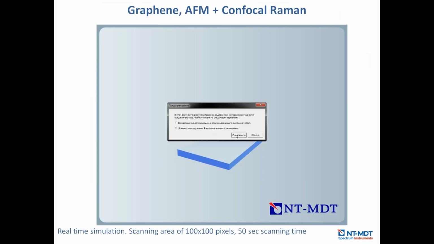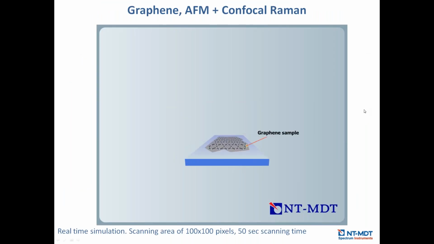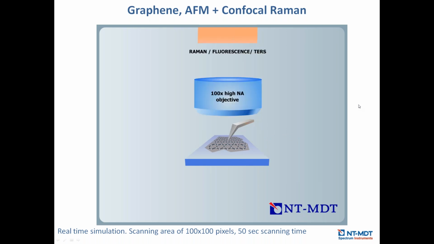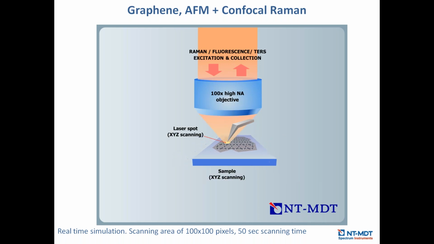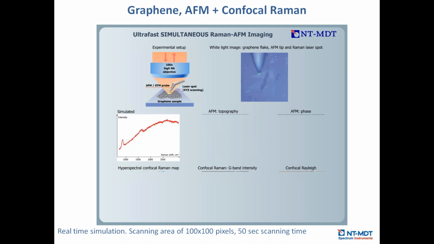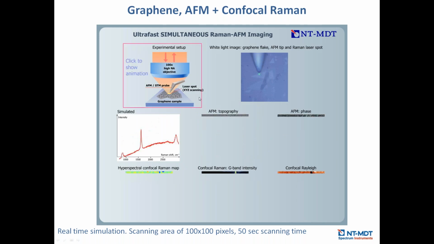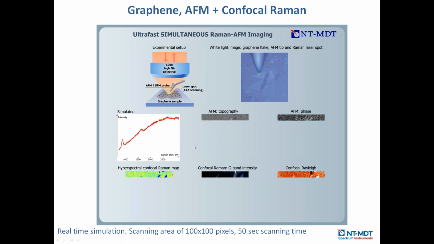Here we have a simulation of localized AFM Raman mapping using graphene with different numbers of layers as an example. So light is positioned on the tip apex. This is a real-time simulation and it takes only 50 seconds to acquire a 100 by 100 point full spectrum map, with a spectrum in each point.